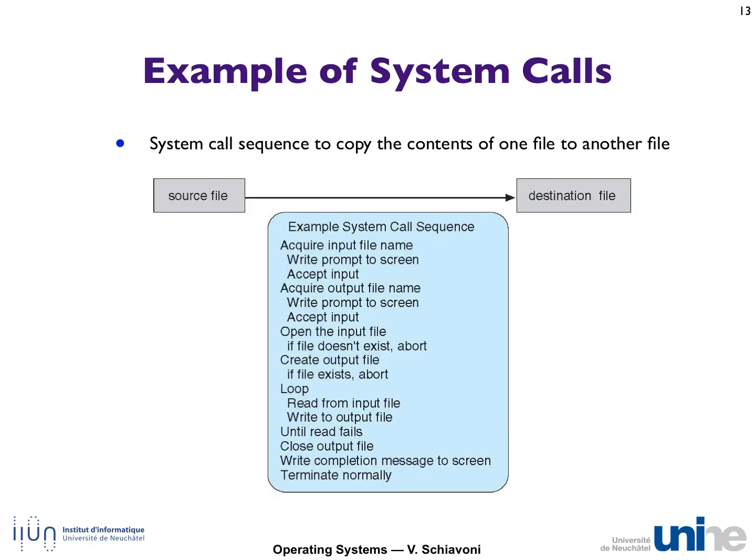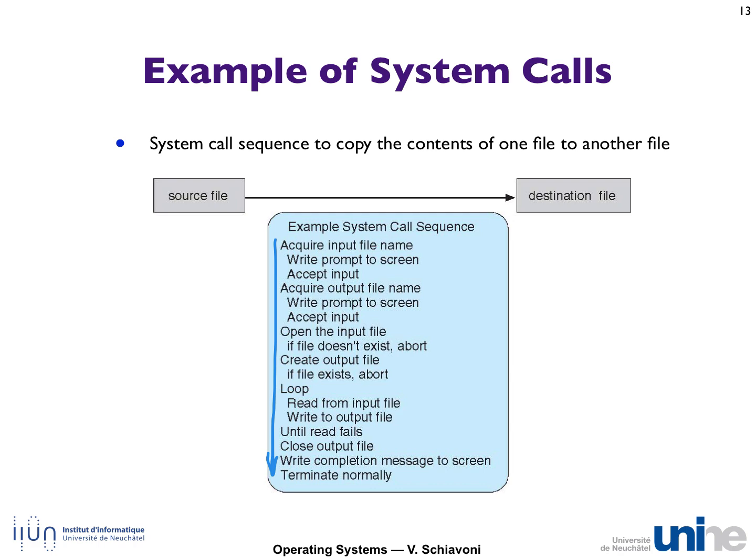In this example, we see the sequence of system calls that are issued to copy the content of one file to another file. As you see, it's a long list, and even for small operations, this list can be quite long.